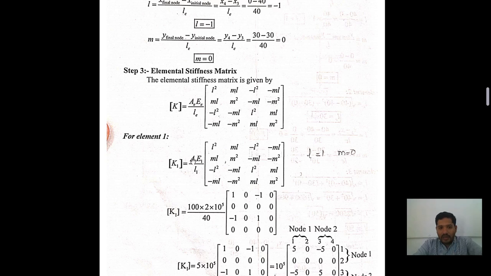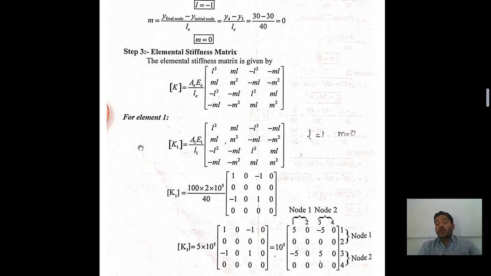After that we need to find out for element number 1. How many elements do we have here? We have 4 elements: element 1, element 2, element 3, element 4. The same concept we need to follow. First of all we have to go for element number 1. K1 is equal to A1 E1 by L1. The same formula we put here.